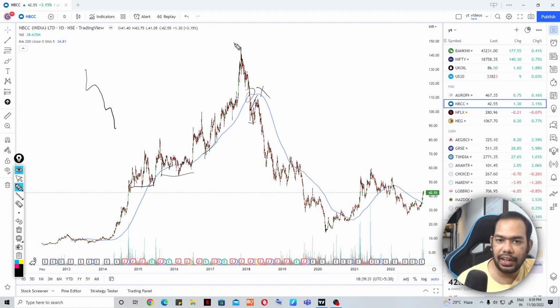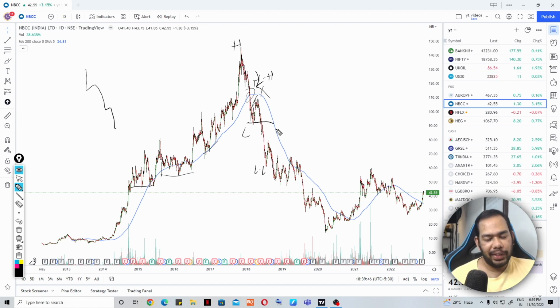So that's why this is the high, this is the low, this is your lower high, and this is your lower low. So this breakdown is the one where most technical traders will be interested to bet for a big quantity short. Okay, why?